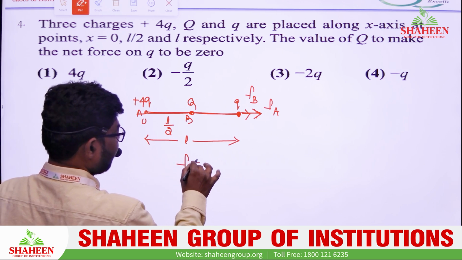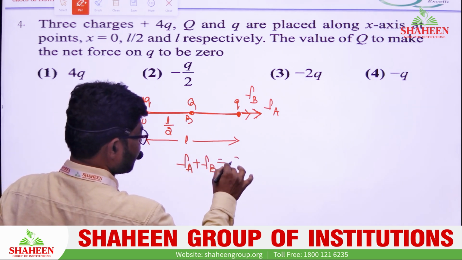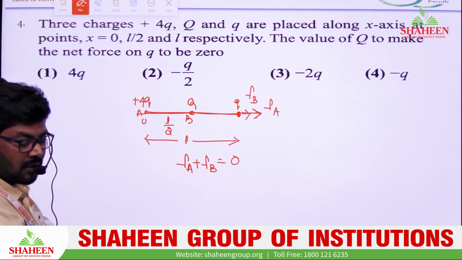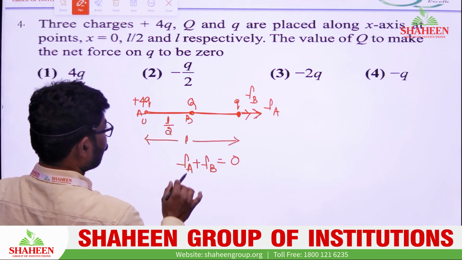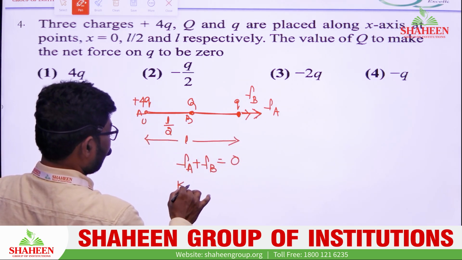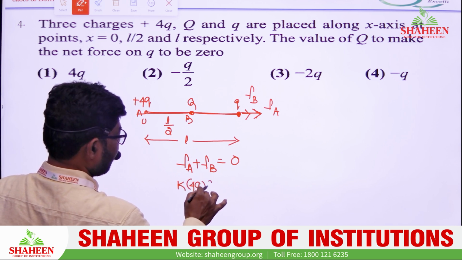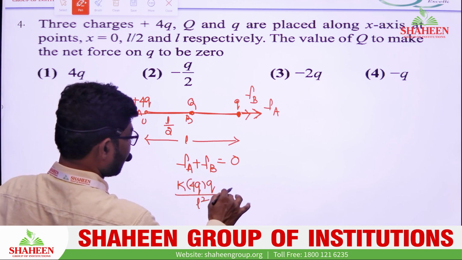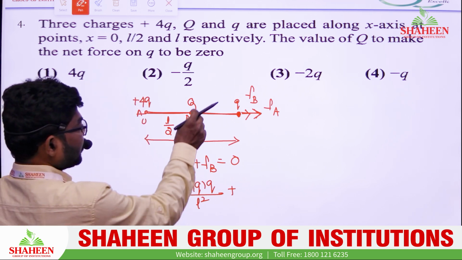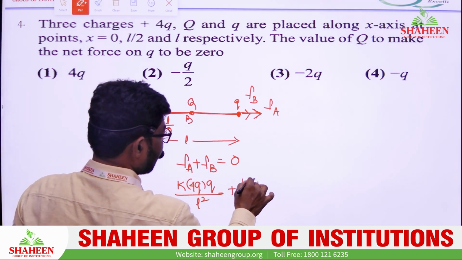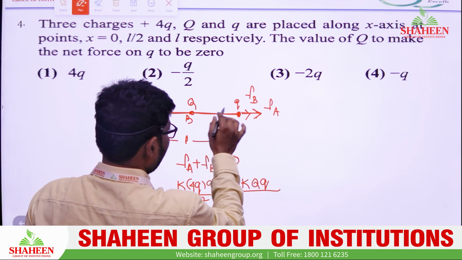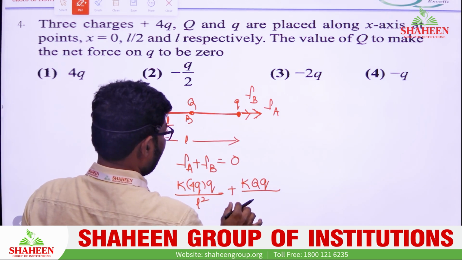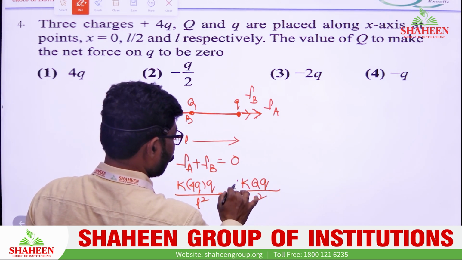Net force 0 means FA plus FB is equal to 0. FA is K 4q into q upon L square, and FB is K capital Q small q upon L by 2 whole square, that is L square by 4.